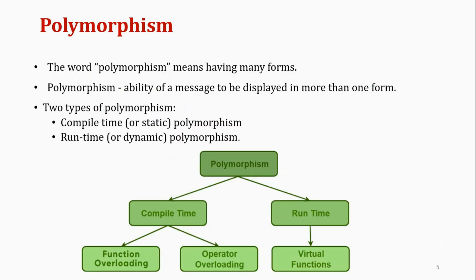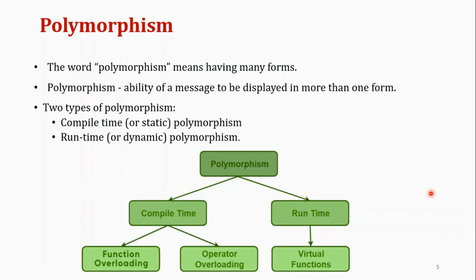Polymorphism, taking many forms, is the ability of a message to be displayed in more than one form. We have two types: runtime and compile time. Runtime polymorphism is decided during the execution time.